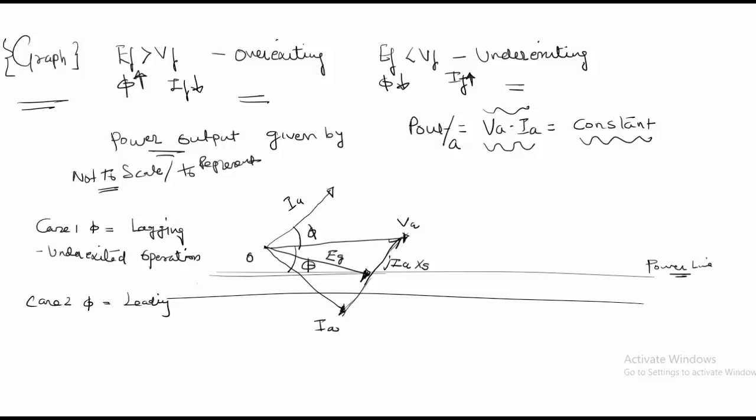And if I am drawing a line passing through, whatever is my Eg in this case, if this is my Eg1, this is my Eg2, and this is what is Ia into Xs.